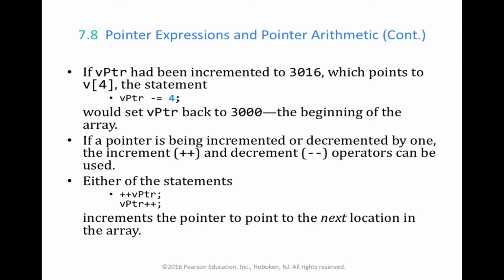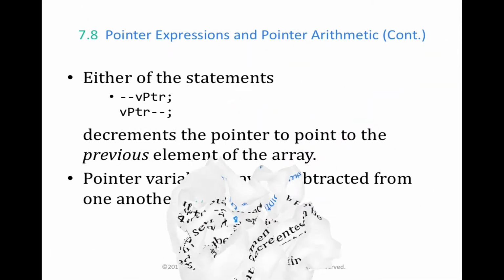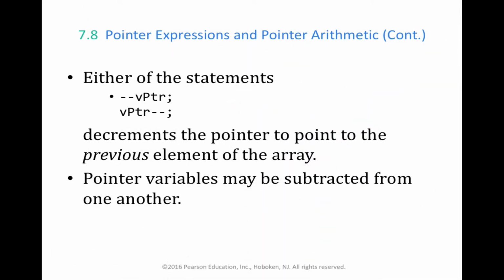So either ++vptr or vptr++ will move the pointer to the next location because we're adding 1. Remember, we're not just adding 1 byte, we're adding 1 memory location, 1 size of an integer to that pointer's address.